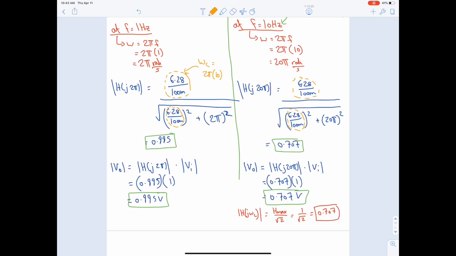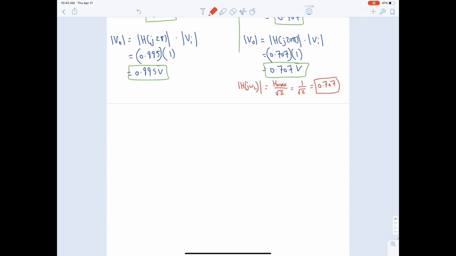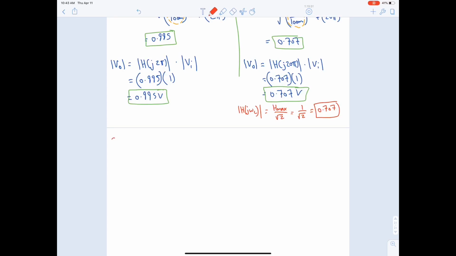Now doing the last frequency, at f equal to 60 hertz. Omega will become 2 pi times 60, giving us 120 pi rad per second.